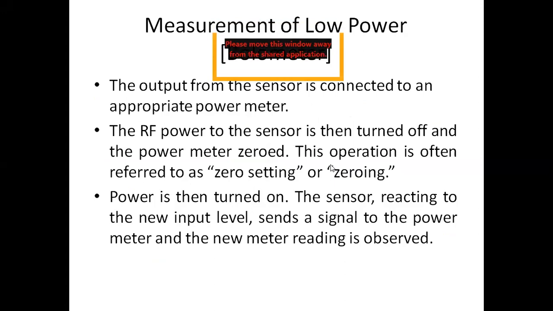So before measuring the power, the RF power to the sensor is turned to be 0, as well as the power input to the sensor needs to be 0. This process is known as 0 setting. Only after doing these settings to 0, we need to start the measurement.